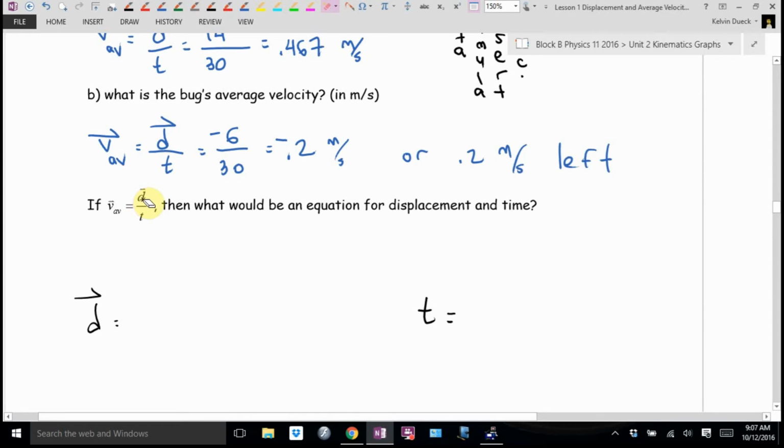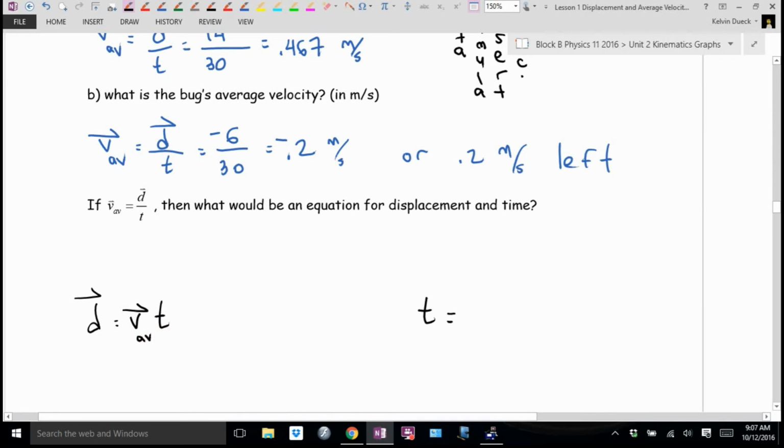See the d right there? What else is sitting on the same side as the d? What letter? What variable? T. What is that t doing to the d? Adding, subtracting, multiplying, or dividing? So how would I move it to the other side? I would do the opposite. Multiply. You know what? d equals vt.